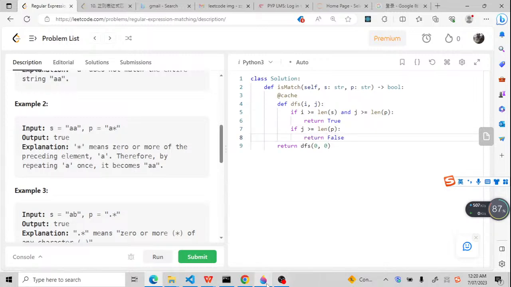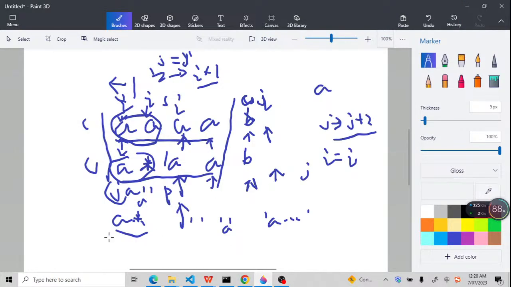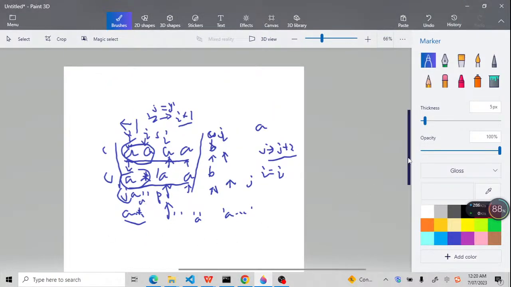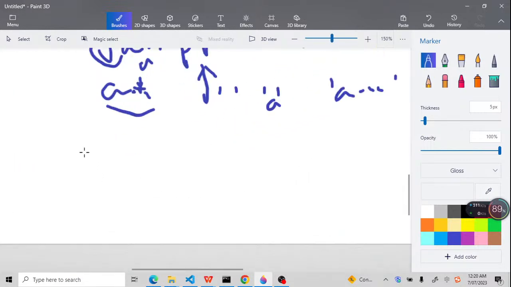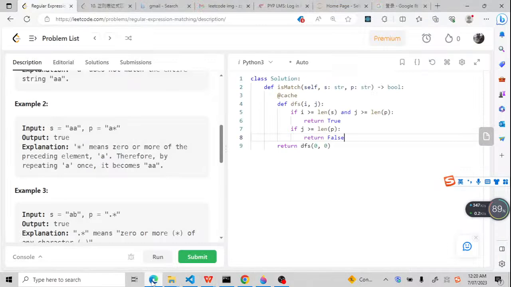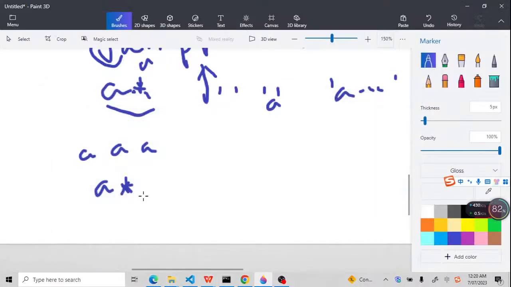This condition is something like this. If we have a string A and A star, the condition is if J goes out of the loop.